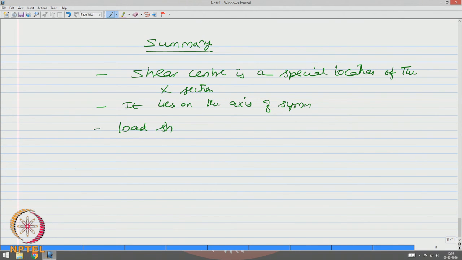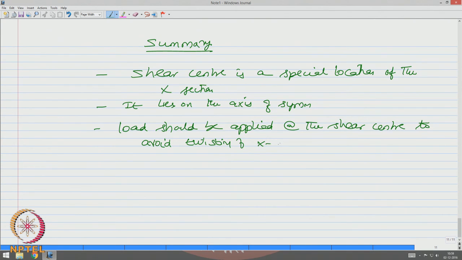Preferably, load should be applied at the shear center to avoid twisting of the cross section.